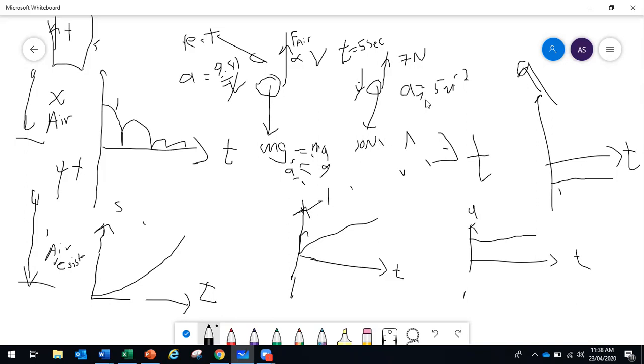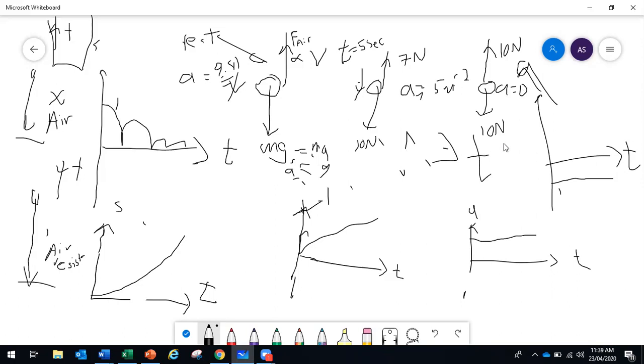So your A drops. So this continues until when? A equals 0. Very good. The air resistance maximum is going to reach the same as the weight, 10 Newton. When air resistance achieves 10 Newton, the acceleration becomes 0.